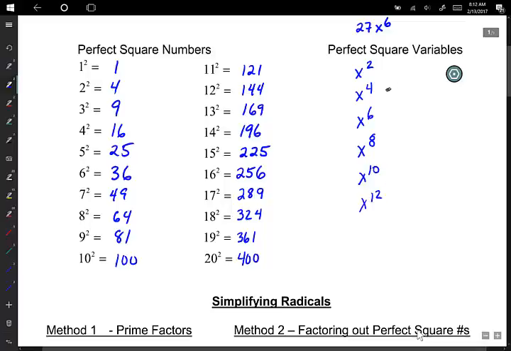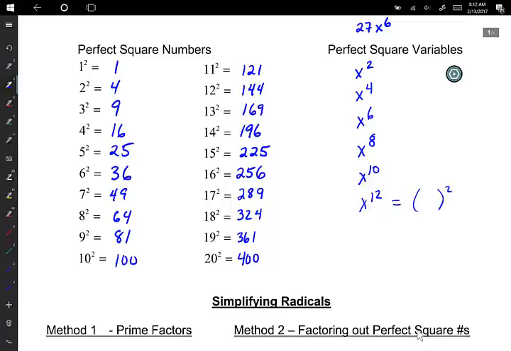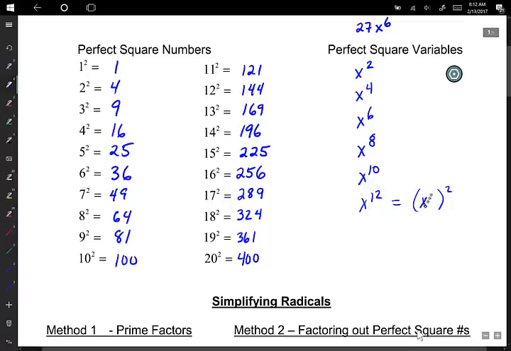Now, what squared equals x to the 12th? What do you have to square to get x to the 12th? X to the 6th. What do you have to square to get x to the 10th? X to the 5th. And x to the 4th, etc. And that is using the rule of the power to a power.